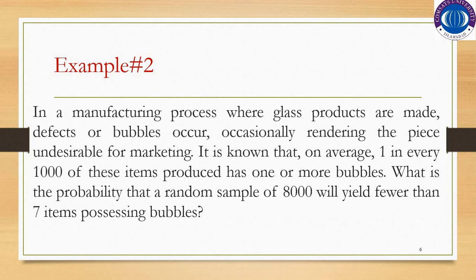So they are taking a random sample of 8,000, and we have to find the probability that fewer than 7 items possess bubbles.